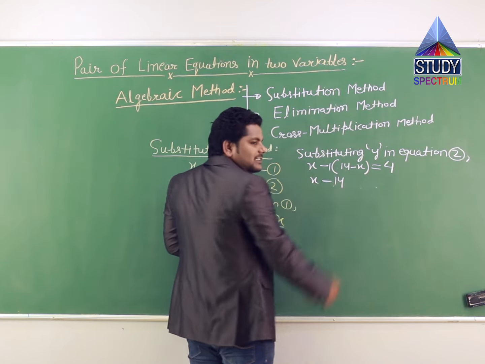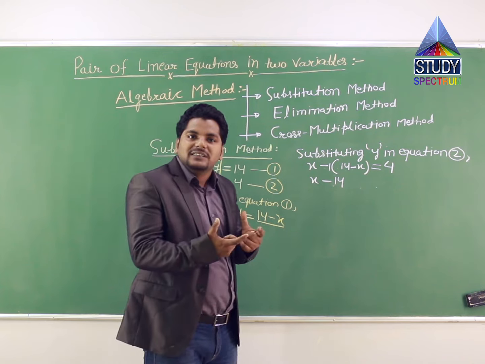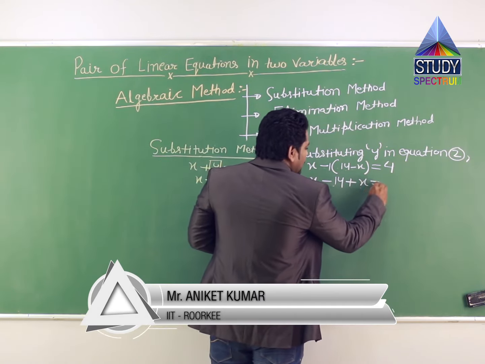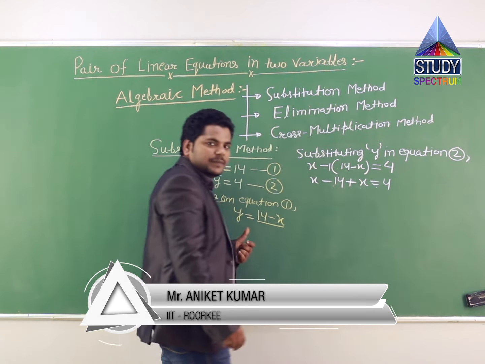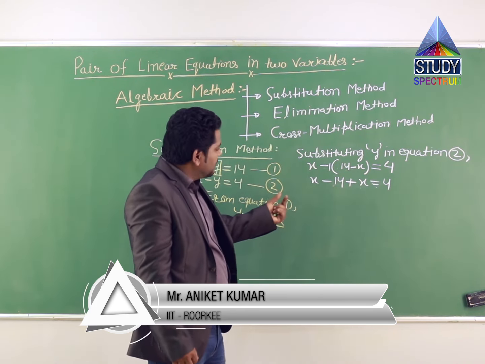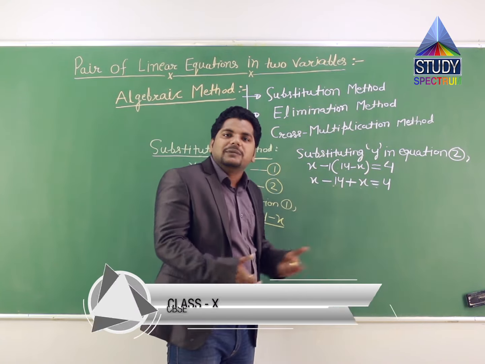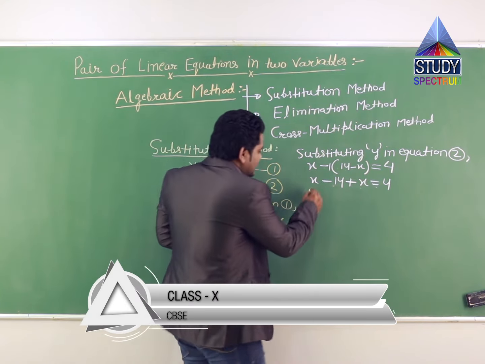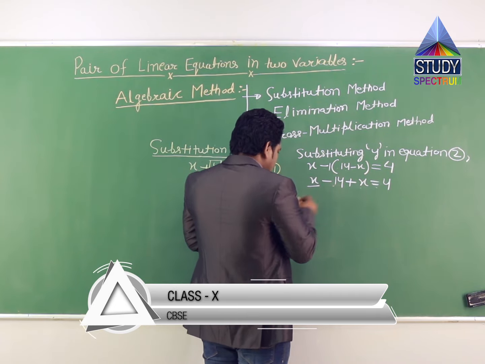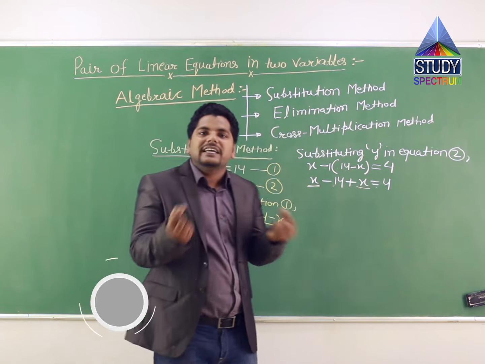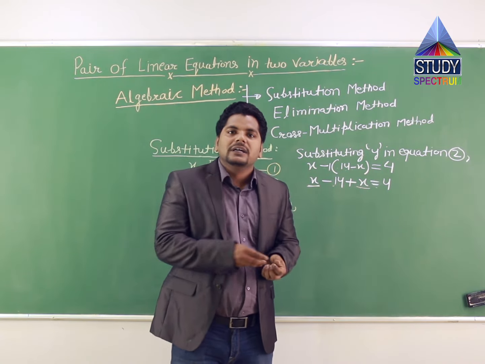Minus 1 into minus x is minus into minus, which is plus, so it will be plus x equal to 4. Now you will add only similar types of variables. Here it is x and here also you have x, so only the x and x terms will be added together.